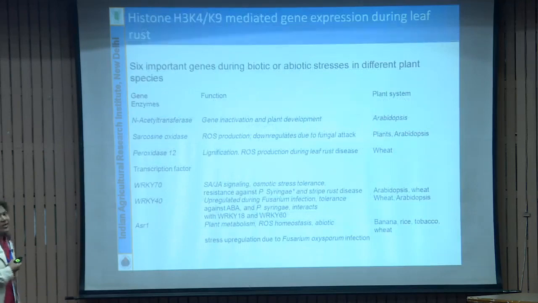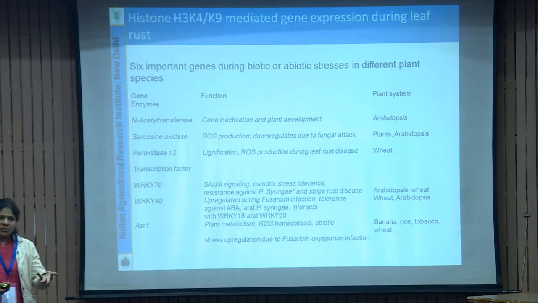Then we also tried to find out certain histone modifications in case of that leaf rust resistance gene. We selected these two histone modifications, H3K4 and H3K9. Both of these were selected for acetylation, that is activation of genes. We selected these 6 genes for studying these histone modifications.